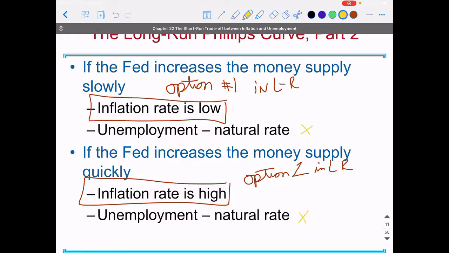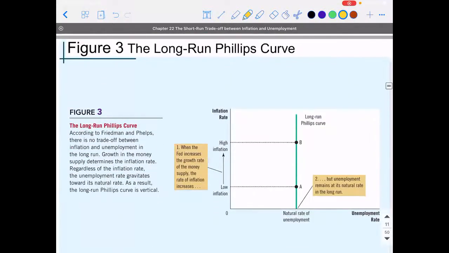But that's the same unemployment regardless. And that's in the long run. And that's reflected by the fact that the long run aggregate supply curve is also vertical. So nothing too surprising here. Hopefully.